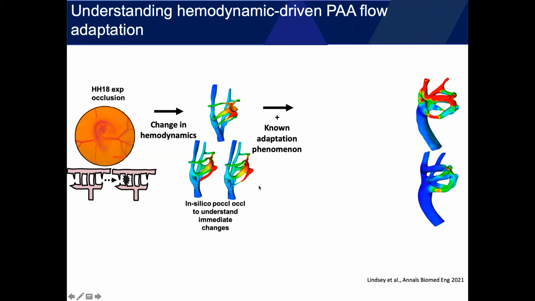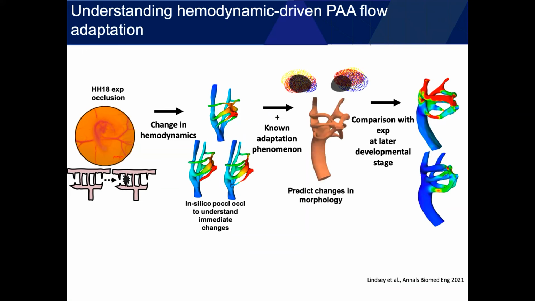So we can see the instantaneous changes in flow, and then we're able to compare this to known adaptation phenomena and propose some kind of growth model, so predict changes in morphology and compare this with what actually happened. That's how we followed up on this cohort-based study.